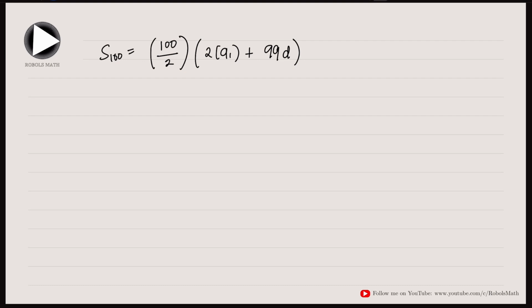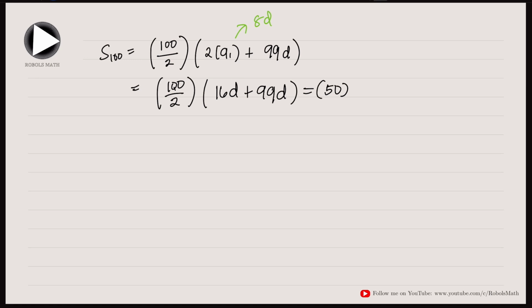But we know that a sub 1 is equal to 8 times d, which means that this would be 100 over 2 times 2 times 8d, that's 16d plus 99d. If we simplify that, 100 over 2 is 50, and then 16 plus 99 is 115d. I suggest that we don't multiply this because we are looking for the ratio anyway, so some things might cancel out later on, so we keep it as it is.